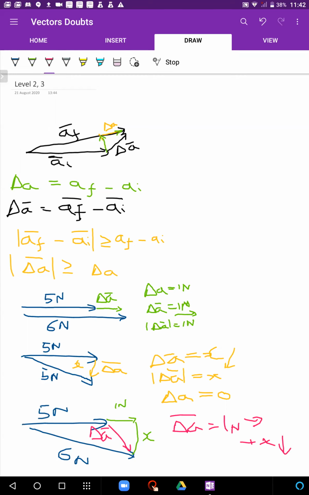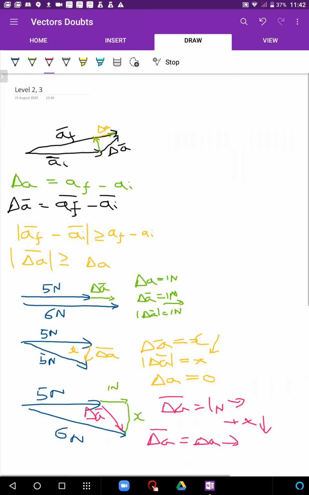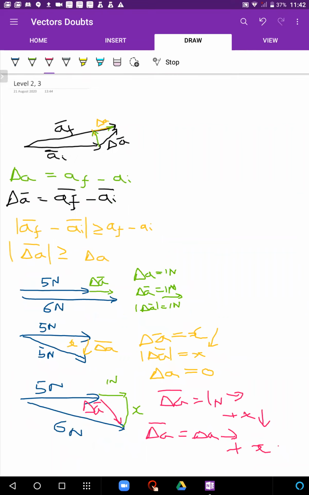So it's delta a plus something. Delta a bar is delta a के कारण change plus rotation के कारण change. Therefore, change in the vector will always be greater than or equal to change in magnitude, because there could be some extra change coming in due to a change in direction.